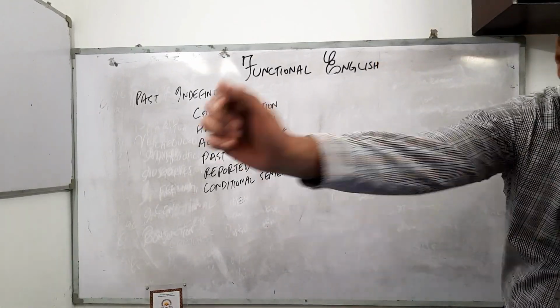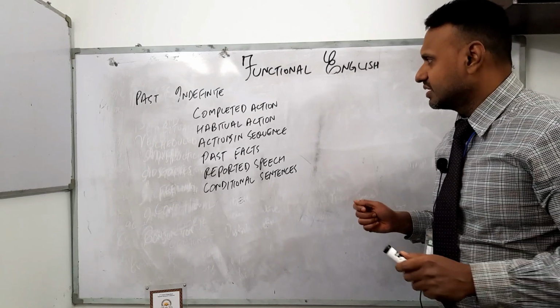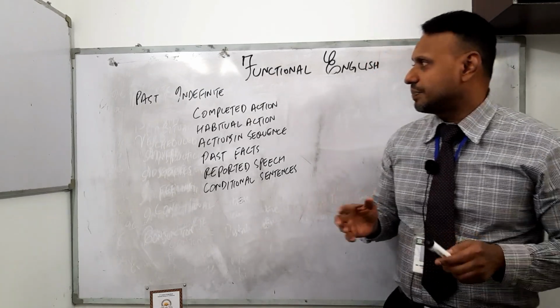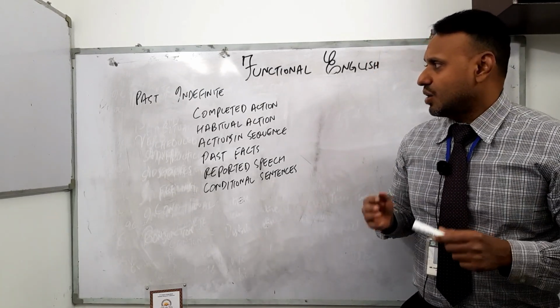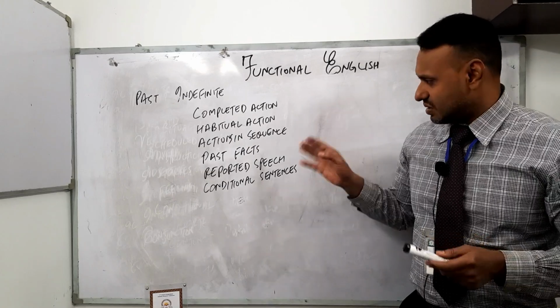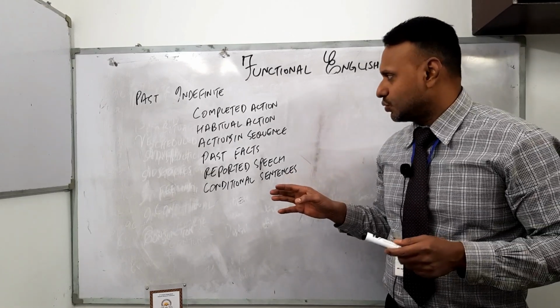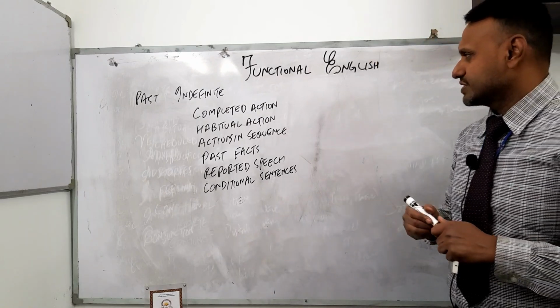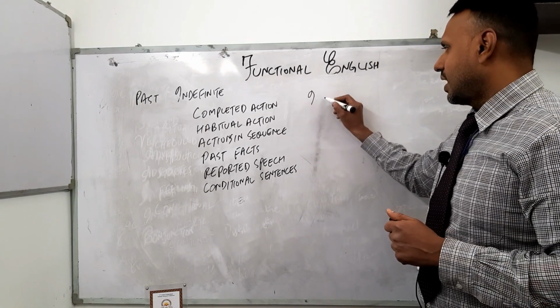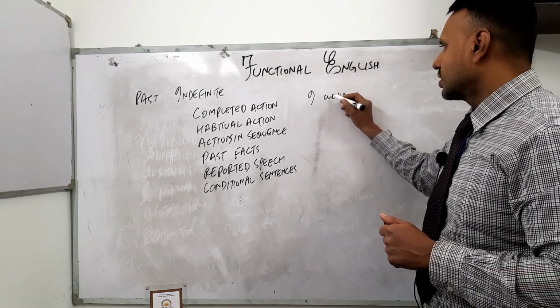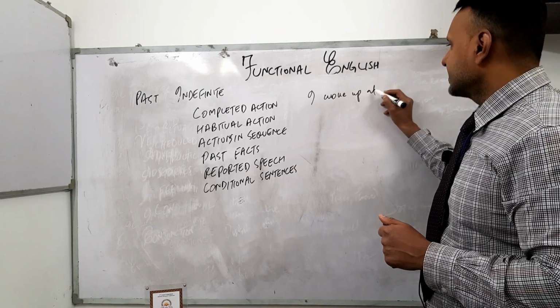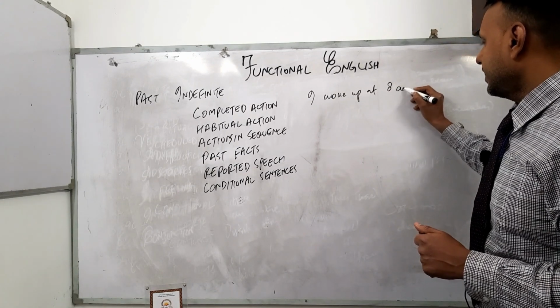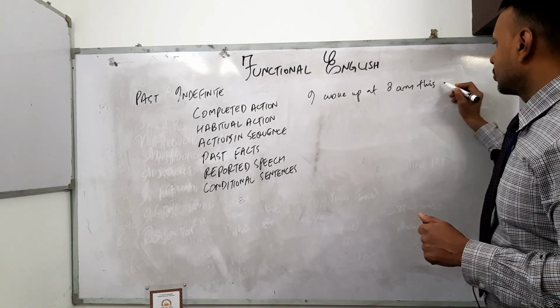So if we discuss these conditions here, as we can see, past indefinite tense, we utilize this tense on these conditions when we want to express our actions in the past. So for example, I woke up at 8 a.m. this morning.